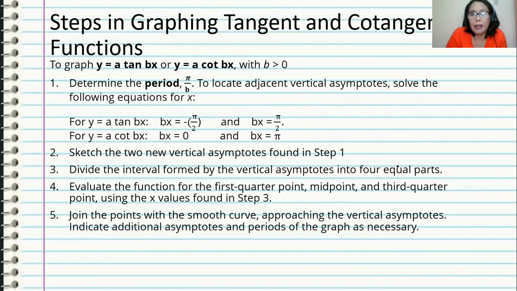Take note that the point will just approach the vertical asymptote, never that the graph will overlap the vertical asymptote, since the vertical asymptotes would serve as the restriction. So the vertical asymptotes are not a possible value for x for the domain with respect to y equals tangent x and y equals cotangent x.